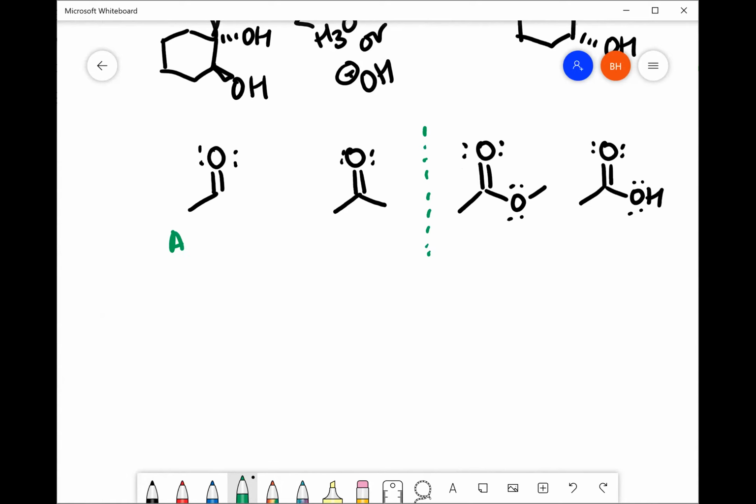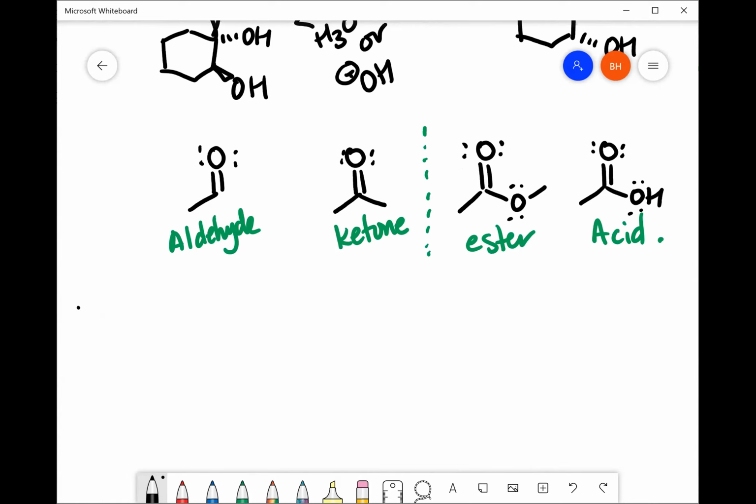So we've got aldehydes, ketones, ester, acid. So we could use reducing agents to create alcohols from here. So the reducing agents that we first talked about were sodium borohydride or lithium aluminum hydride.